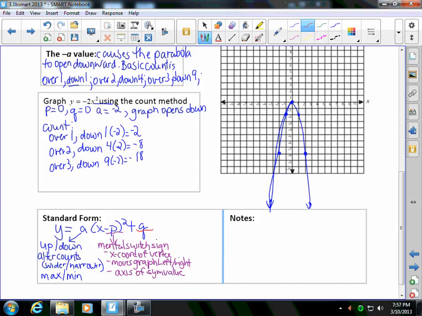So the q value translates the graph. Remember, translate is the same thing as move up or down. And it gives us the maximum or minimum value.